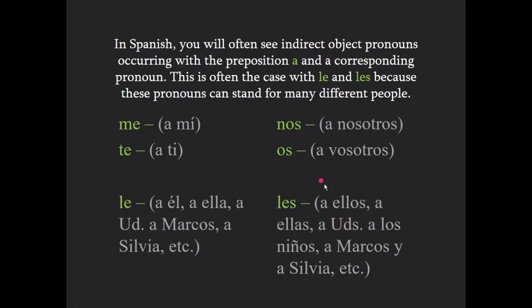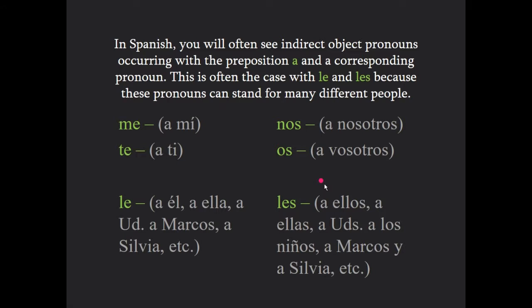Okay, in Spanish, you will often see indirect object pronouns occurring with the preposition a and a corresponding pronoun. This is often the case with le and les because these pronouns can stand for many different people. Now, when I say that, the word me, you see in green there, means to me.